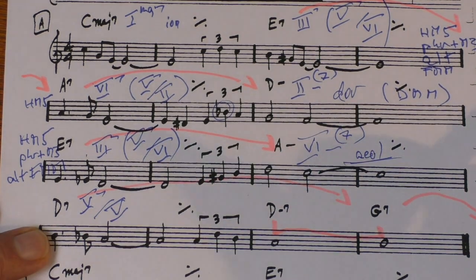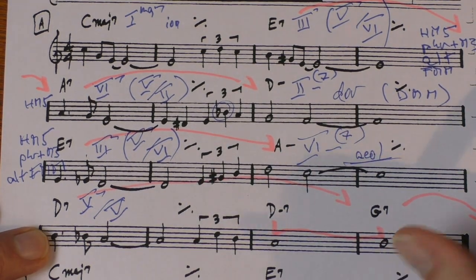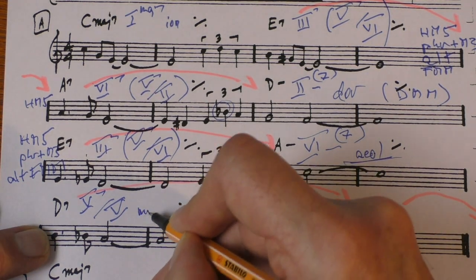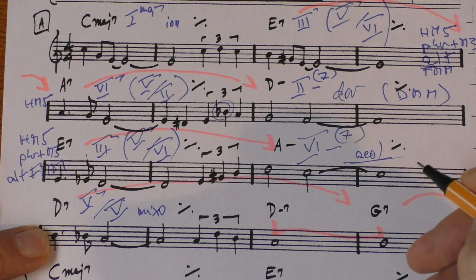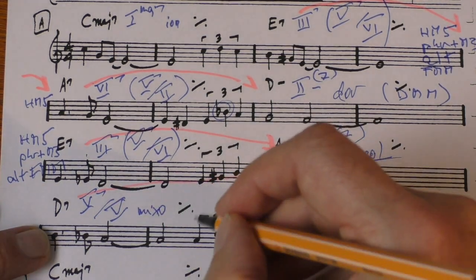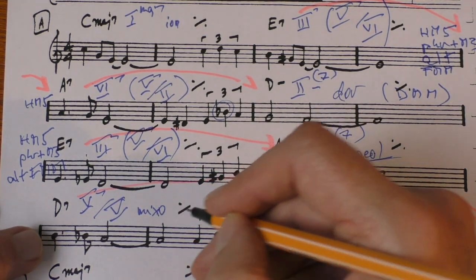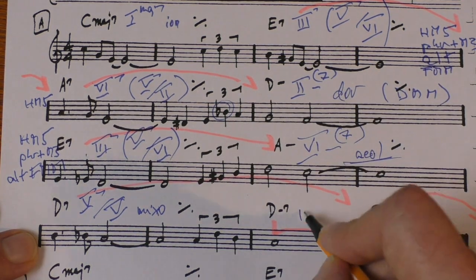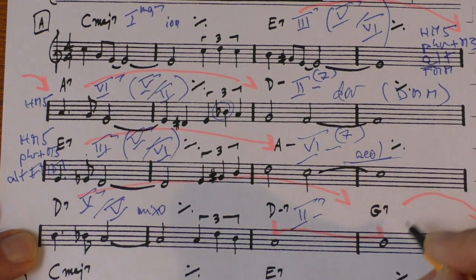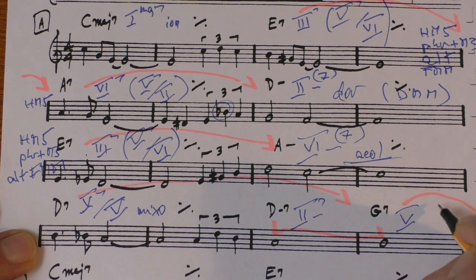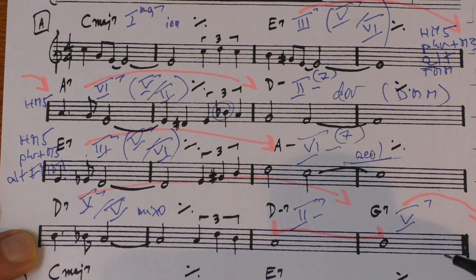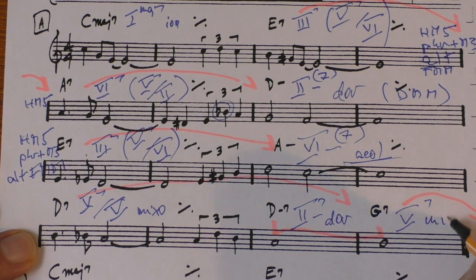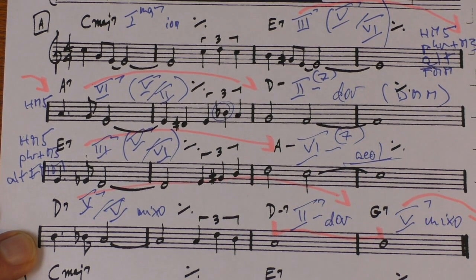If we raise the minor 3rd to the major 3rd, we end up with a Mixolydian scale, which actually then would be coming from the G major scale. And that's the standard 2-5-1: Dorian, Mixolydian, going to 1.